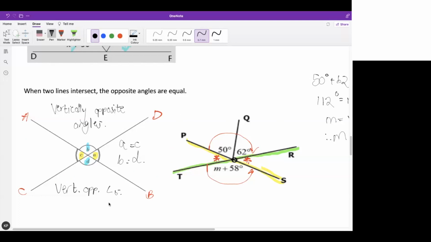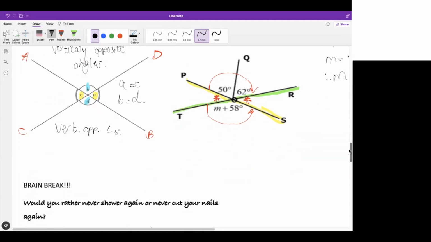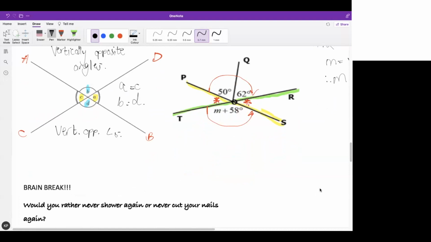Balisa, are you there? Yes, ma'am. Balisa, tell us, would you rather never shower again or never cut your nails again? Ew. Ma'am, I'm a nail biter. You're not allowed to bite it again. You must just let them grow. That is so impossible because when I'm stressed, I literally bite my nails, ma'am.